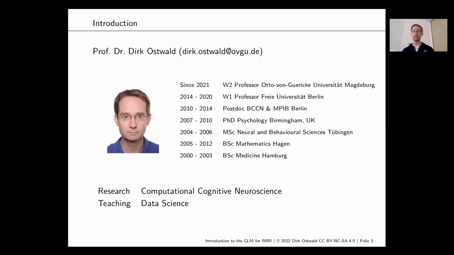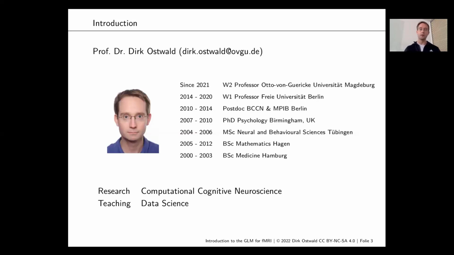So who am I? I guess most of you don't know me. I'm professor here at OVGU since last year, and I hold the position for research methods in psychology. My background is in neuroscience and mathematics, so I've been doing brain imaging and brain imaging data analysis since, I guess, 2005, 2006.